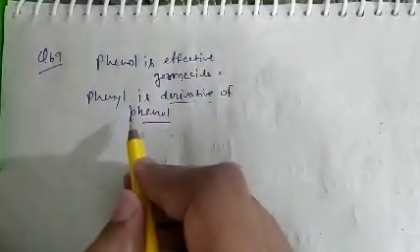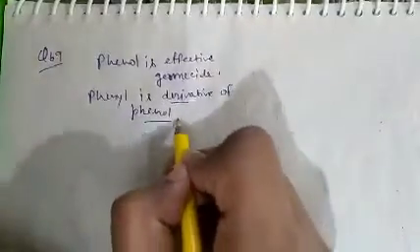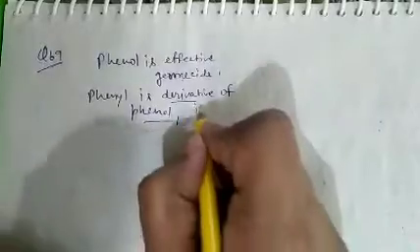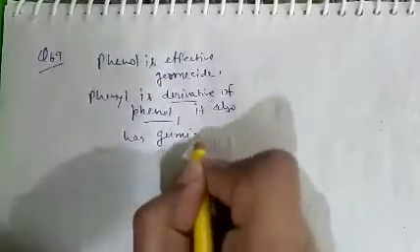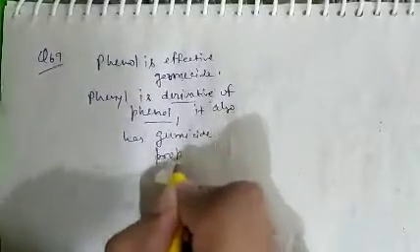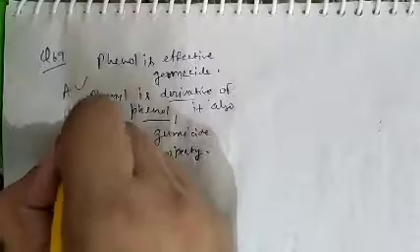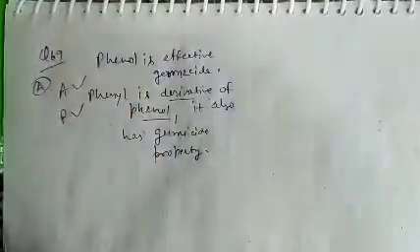So assertion is correct, and phenyl is a derivative of phenol, therefore it also has germicide property. So assertion, phenyl is household germicide, is correct. Phenyl is a phenol derivative and phenol is an effective germicide. So assertion, reason both are correct, and reason is the correct explanation of assertion. So question number 69, option A is correct.